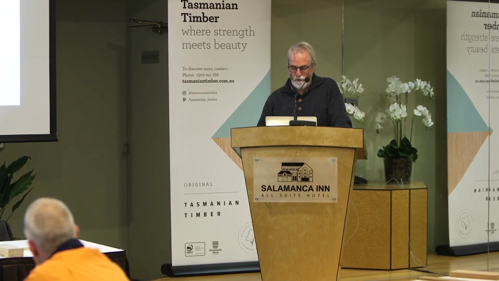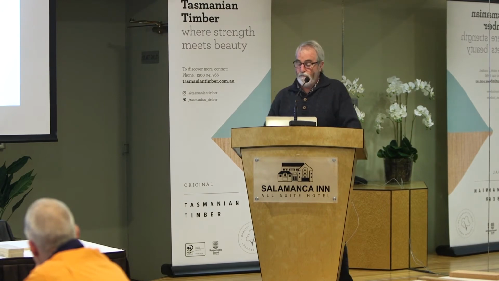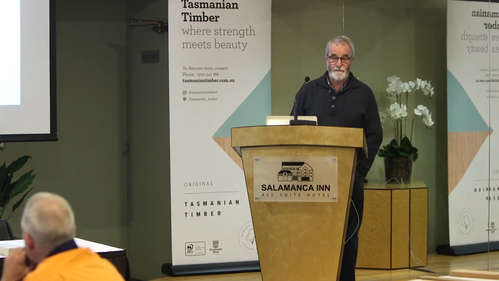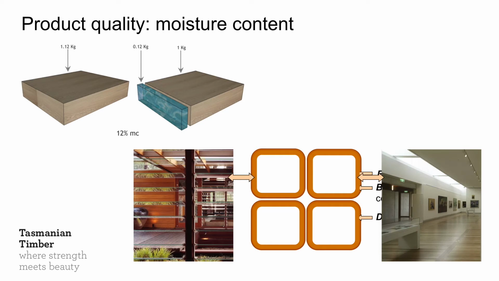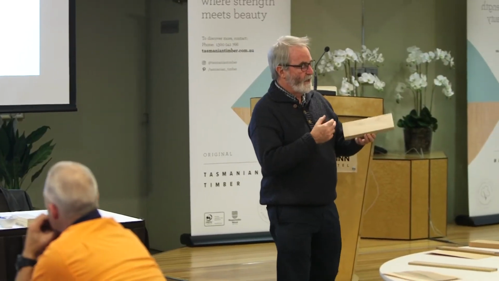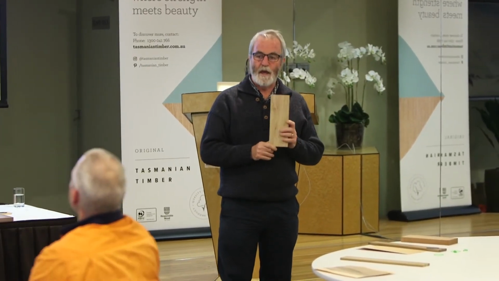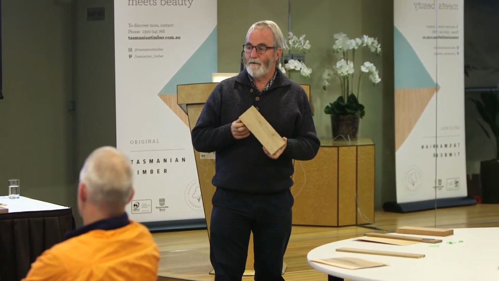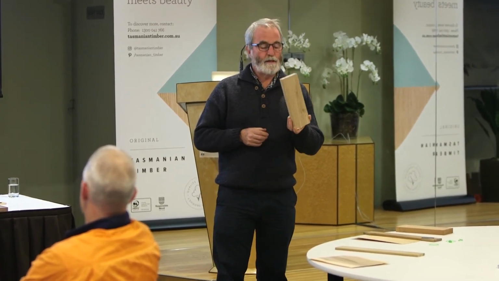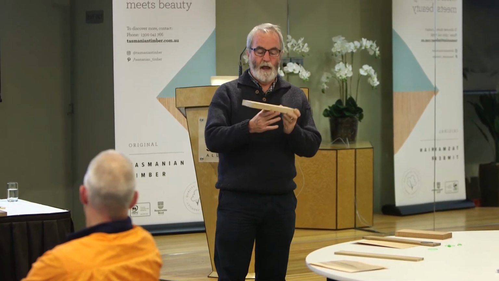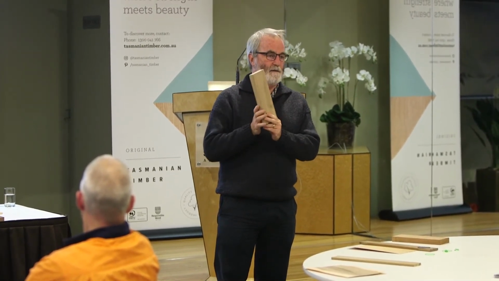Okay, one important part of product quality is moisture content. Now, this morning we didn't deal too much with this. This afternoon I want to deal with it a bit more. One of the key issues with wood is that wood is what's called hygroscopic. That means it gains and loses moisture to be in equilibrium with its surrounding environment. When this is in the tree, it might have a moisture content of about 100%.